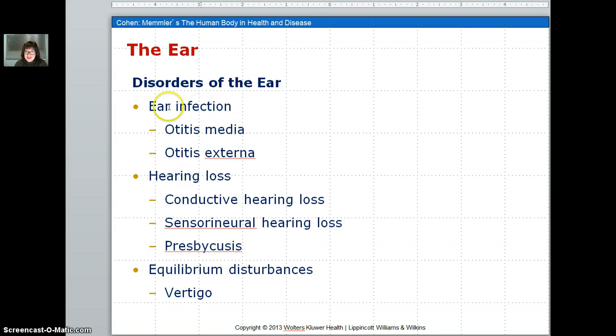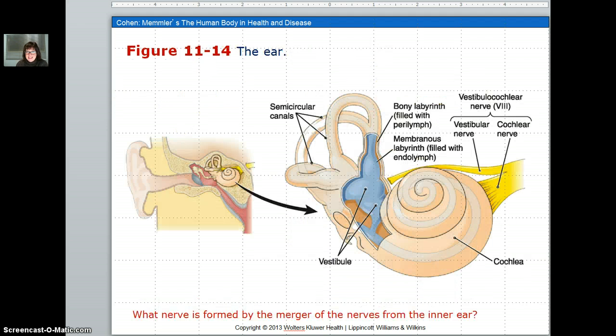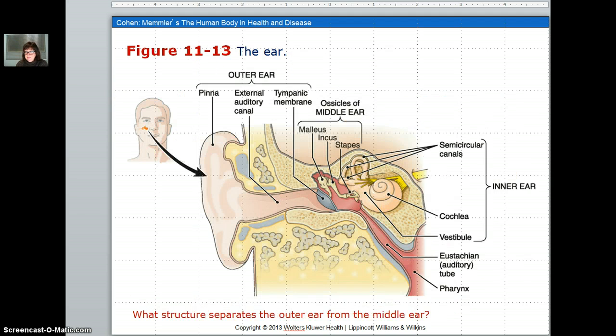In terms of ear loss, notice you have a lot of otitis problems. We're not going to look much at ear infections or hearing loss, other than to put it into three categories. You can have a conductive hearing loss, which means the messages are not being conducted usually through the bones to the cochlea.